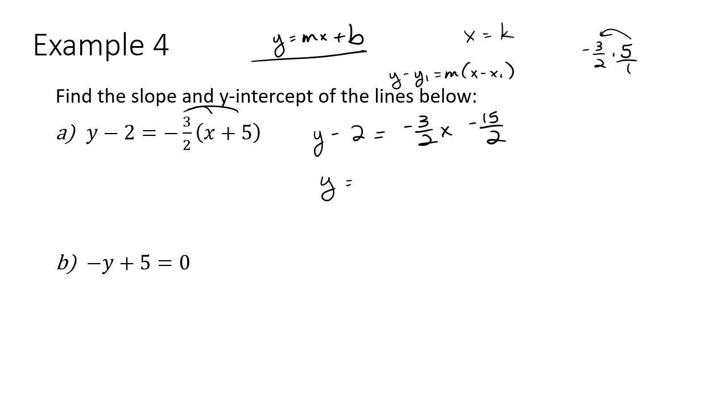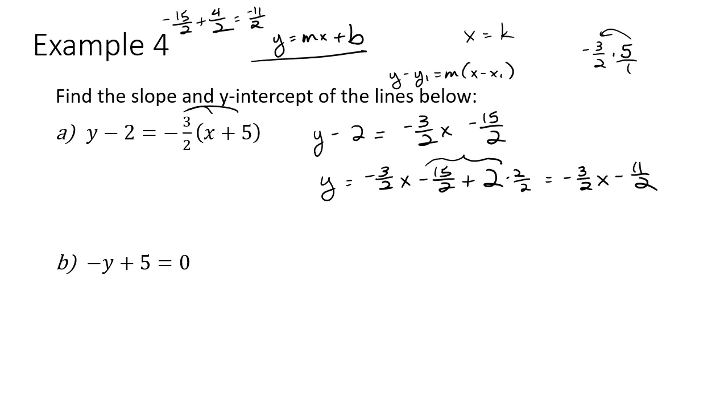So if I add 2 to both sides to move it across to the right, the last thing I need to do to get y = mx + b is combine the constant terms. If I get a common denominator, I'm going to do a little bit of scratch work here. We've got negative 15 halves plus 4 halves, and negative 15 plus 4 would be negative 11. So this equation would be y = -3/2 x - 11/2.